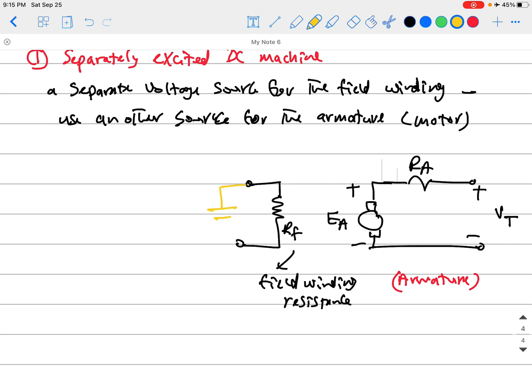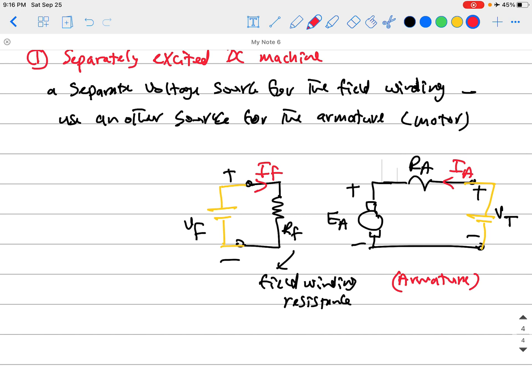So I'll be adding here a source. It is different from the V terminal source we have here. This one we call VF, the field voltage. It will be positive and negative like this, and that means that will be IF, and this will be IA, I armature, and this IF, which is I field.